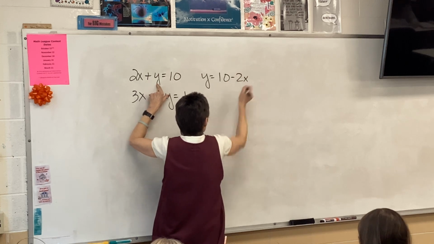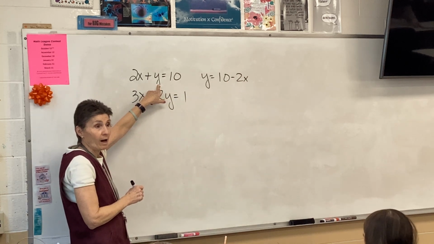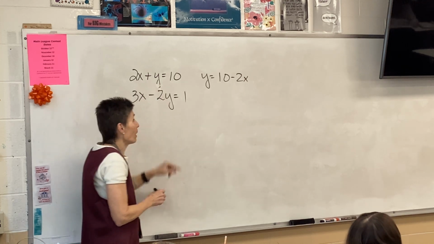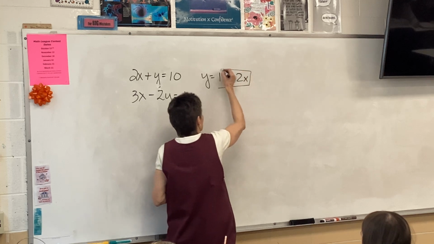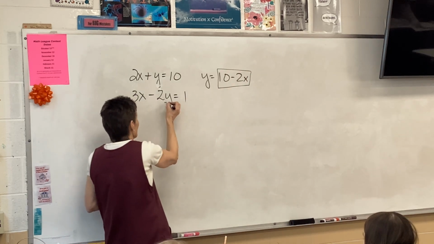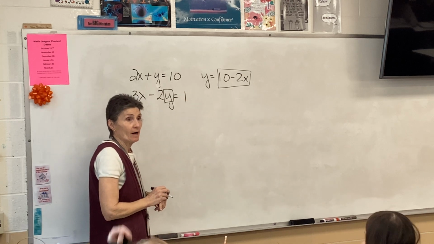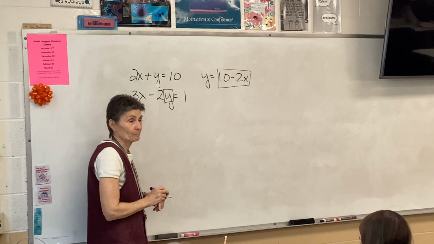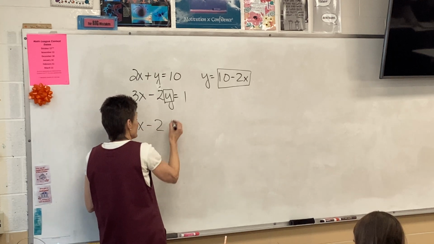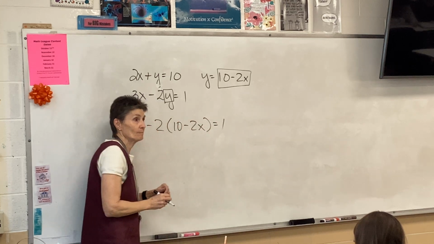So this is what that top equation looks like when I get y by itself, right? Now I'm going to substitute what y equals in for the y in the other equation. So I have 3x minus 2 times 10 minus 2x equal to 1.